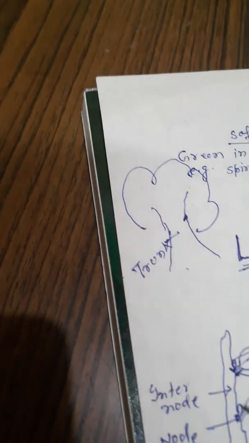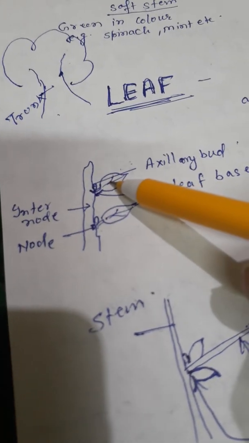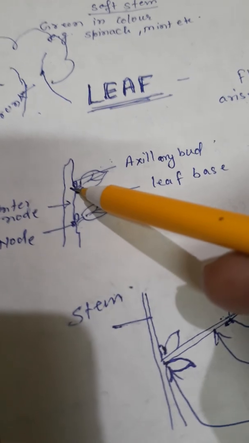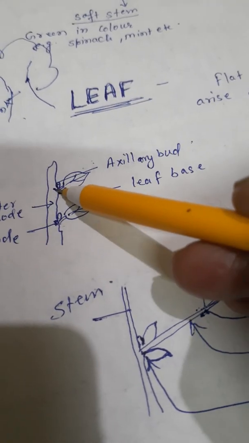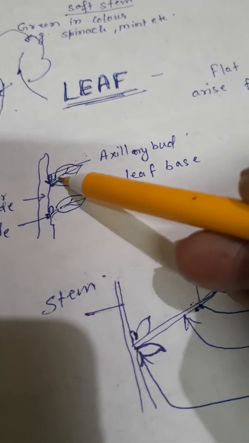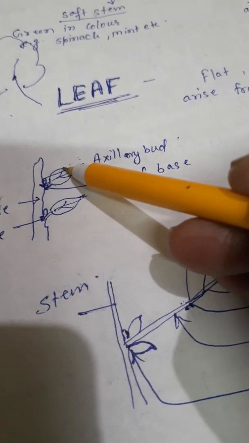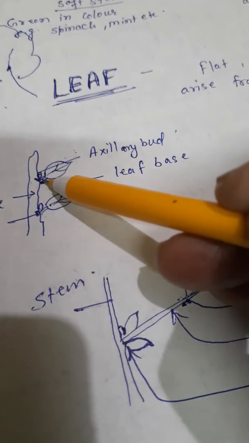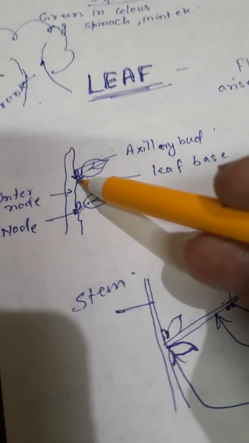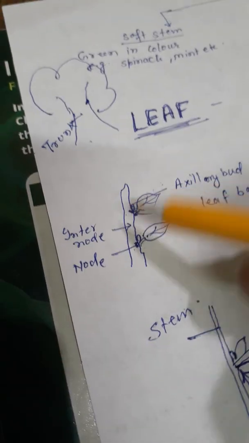Look here. This is stem. Leaf always arises from the node of the stem. This is node. In between two nodes, internode is present.